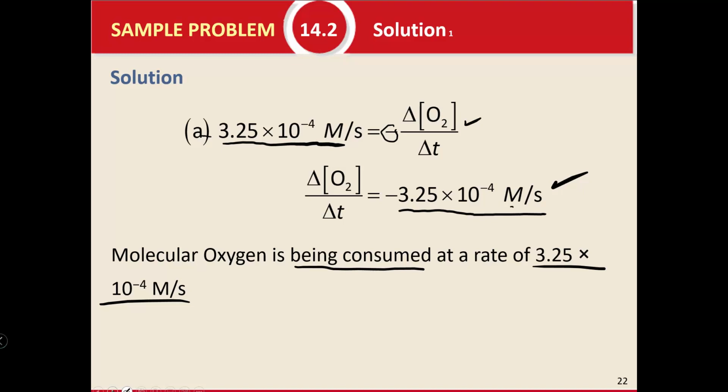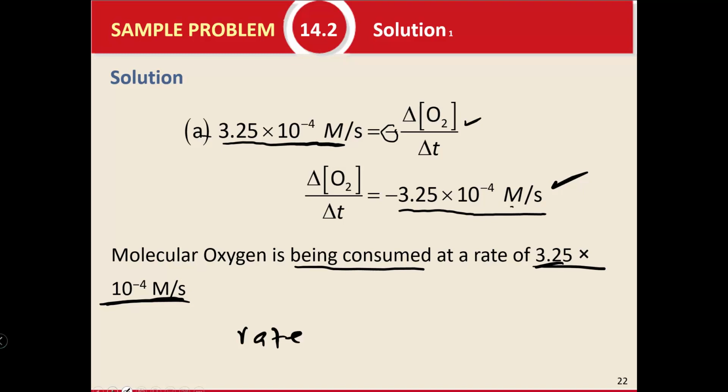Now that's really important because I see this on homework and students get all upset about it. If all they ask you for is the rate with respect to oxygen, what is that value? You would say negative 3.25 times 10 to the -4th. If they say to you, what is the rate the oxygen is being consumed, then we don't put the negative symbol because that is the rate at which the oxygen is being consumed. And then if they ask you for the rate of the reaction, that's the overall rate.